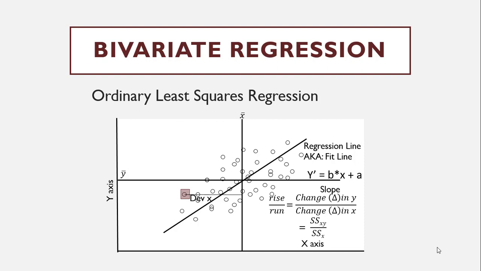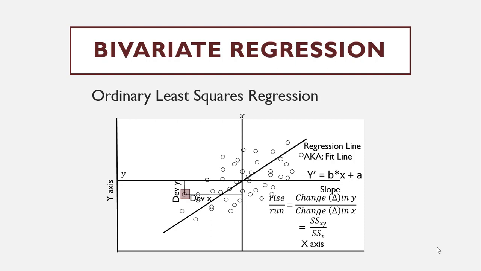We also need to know the mean or the average on y, so we get y bar, and we find that deviation. And like I said, for this individual, their product term would be their deviation from x times their deviation on y. For this individual, their deviation from x, so x minus x bar, is greater than x, so it's going to be negative.